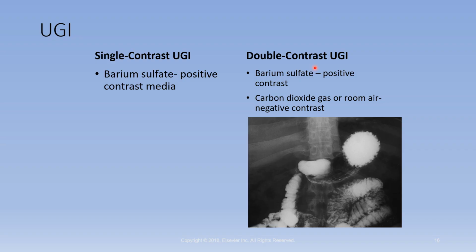So when there's two contrast medias, you have one positive contrast media, which typically is either the barium or the water-soluble iodinated contrast, and then a negative contrast media, which is typically either room air or carbon dioxide gas.